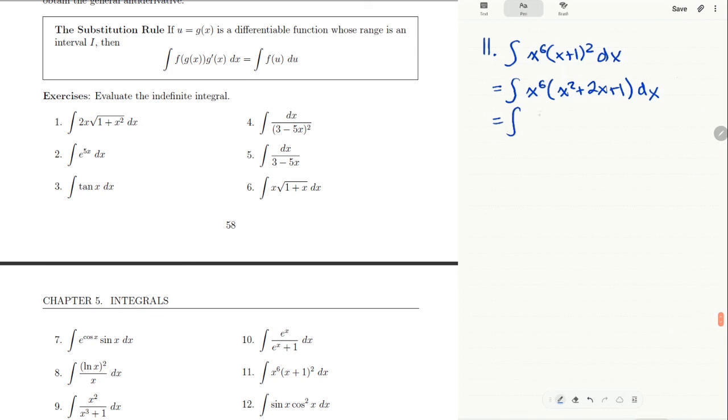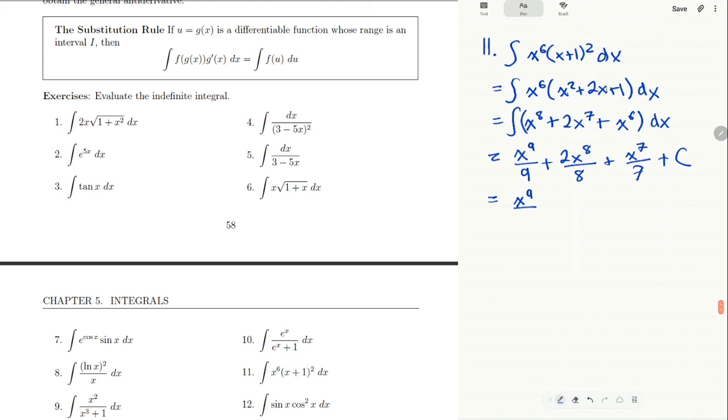And then distributing the x to the 6 through the brackets, we get x to the 8 plus 2x to the 7 plus x to the 6 dx. And then we can find its antiderivative to be x to the 9 over 9 plus 2x to the 8 over 8 plus x to the 7 over 7 plus c.